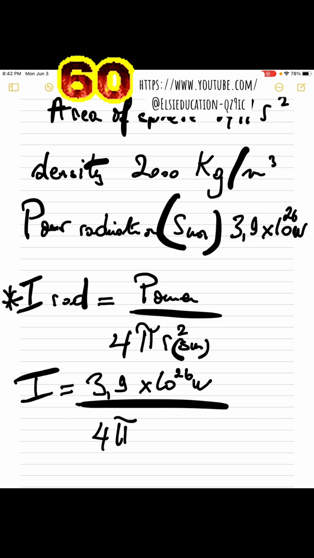Where the radius of the sun is 7 multiplied by 10 to the power of 8, squared.